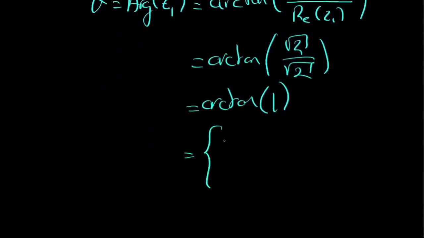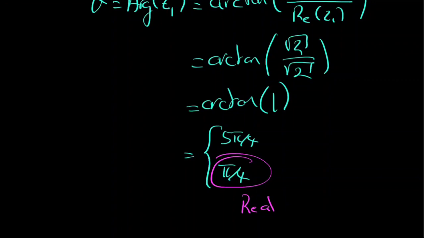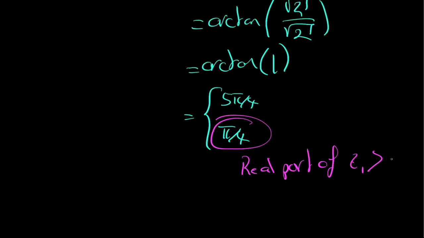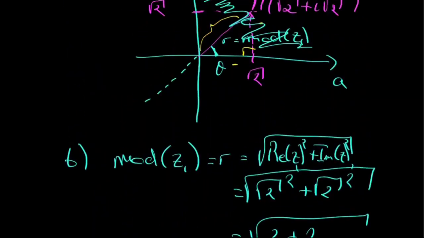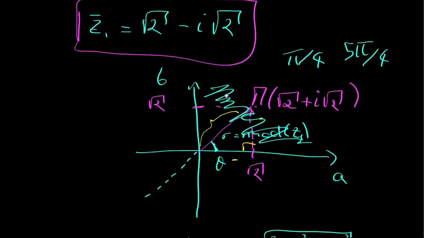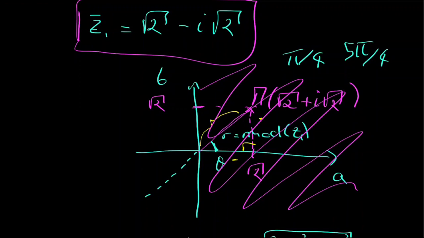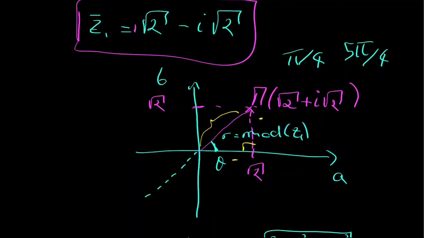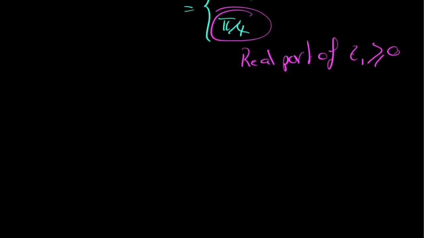The answer would be either 5 pi over 4 or pi over 4, but we know it's this answer because the real part of z1 is superior or equal to 0. So we are in this side of the plane. Just to understand, because we've got a plus here, this side will help you to find the right answer.